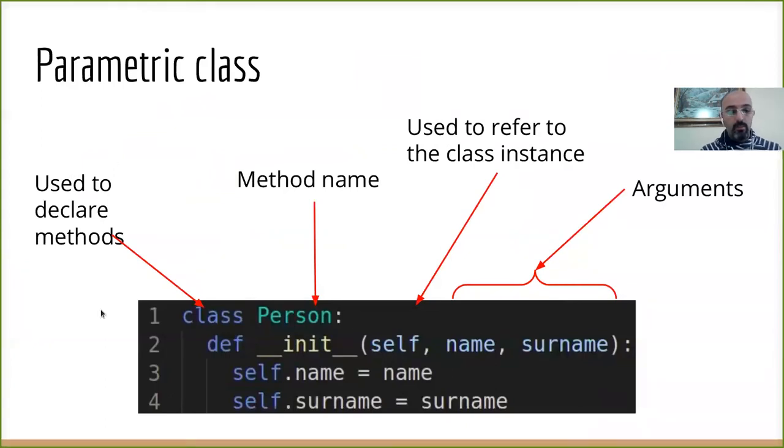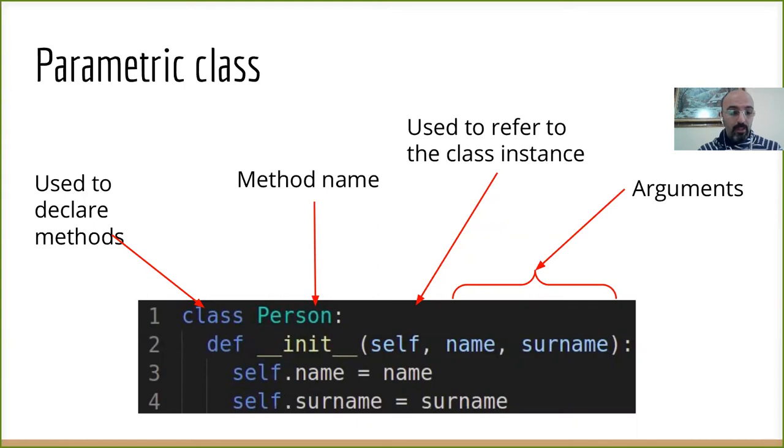The moment that we create a class, we use the keyword class followed by the class name person. We have the keyword def, so we will define a function.